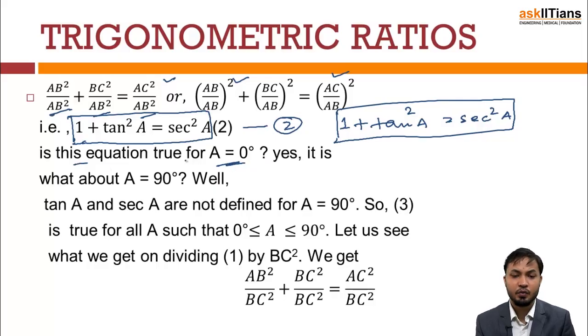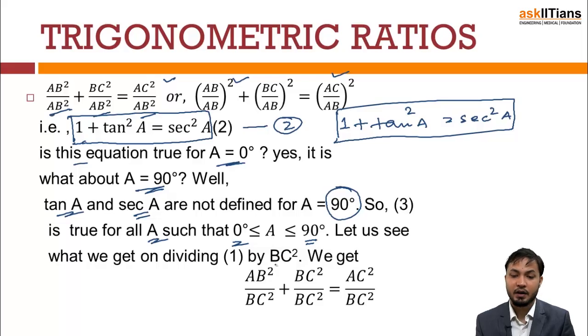Now, is this equation true for angle A equal to 0 degrees? Yes, it is true. And what about 90 degrees? If you look at tan A and sec A, they are not defined at A equal to 90 degrees. So it is true for all A from 0 to 90 degrees again.